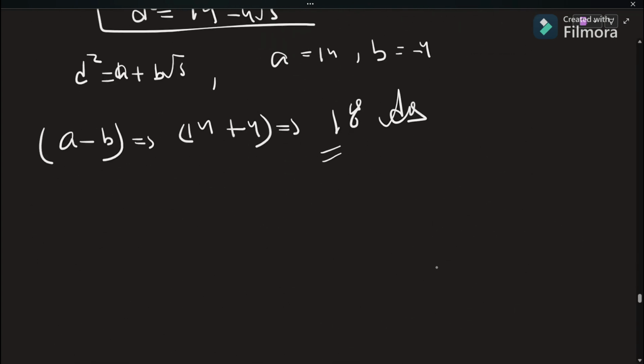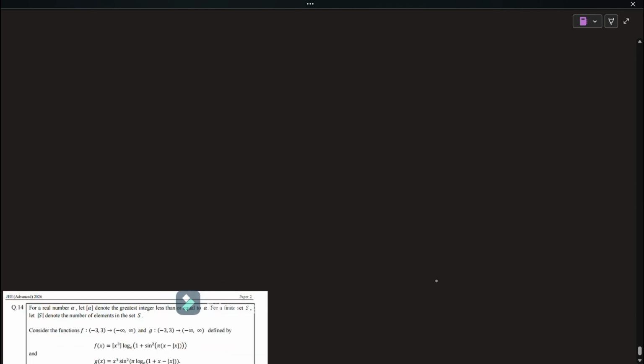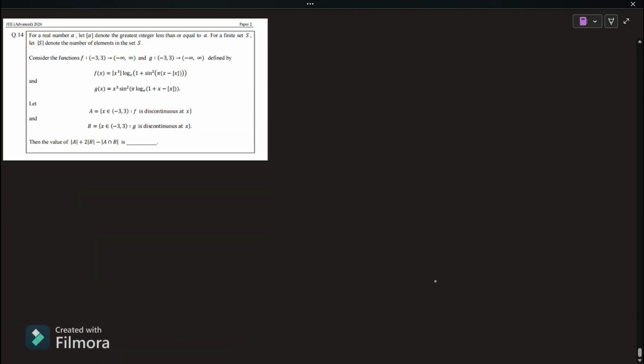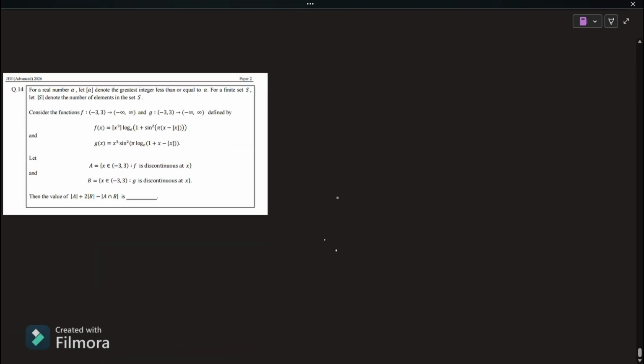Now going on to the last question in this section. So question number 14. That's actually a better question than all the others. Here we have f(x), g(x), continuous, discontinuous.